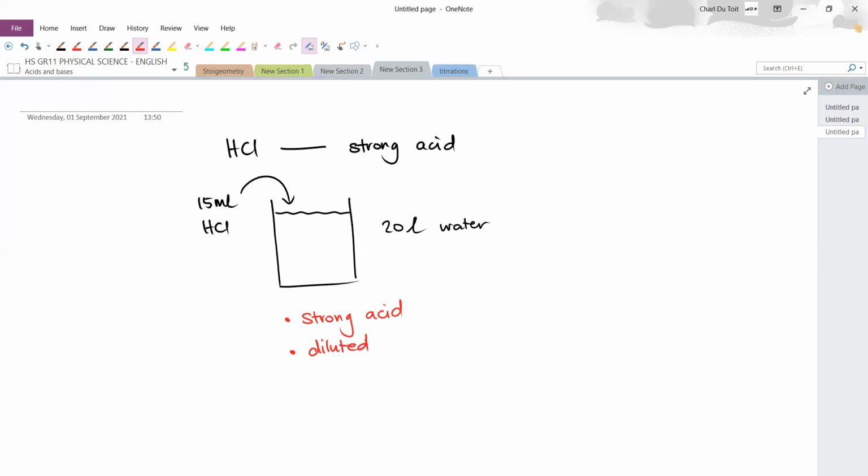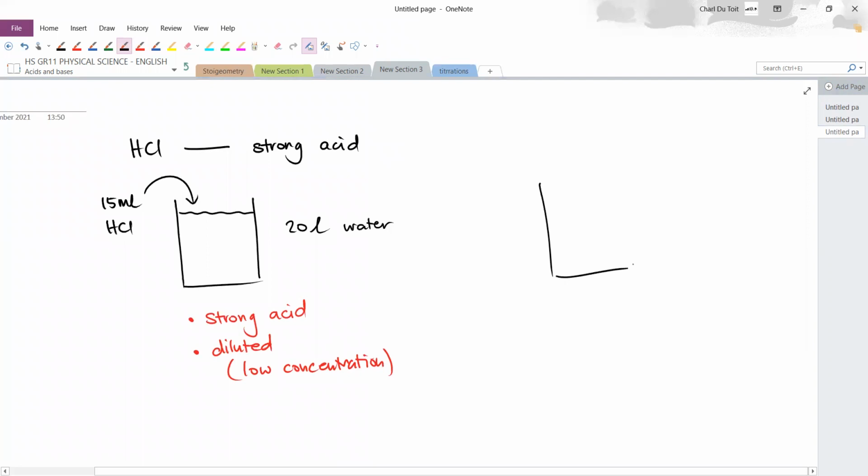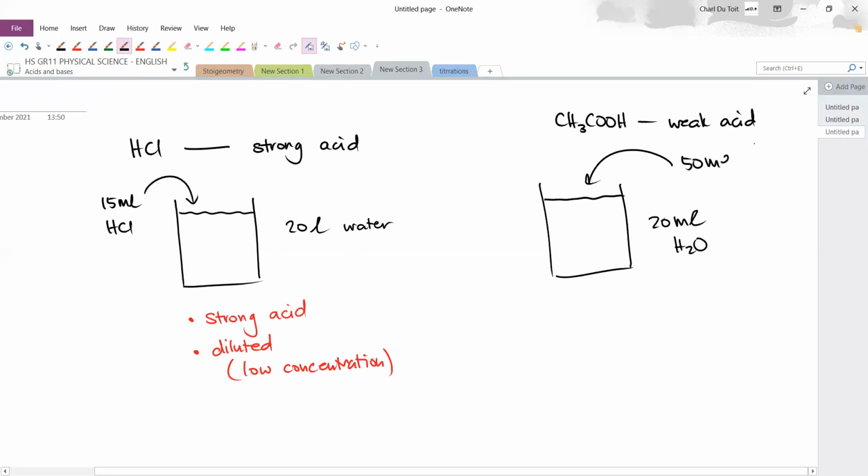So you can have a strong acid that's diluted, with a very low concentration, but it's still a strong acid. On the other hand, say for instance acetic acid, which we've just used, is a weak acid. Take 20 milliliters of water, which is not a lot, and add 50 milliliters of the acid.